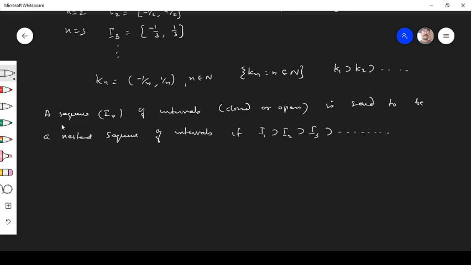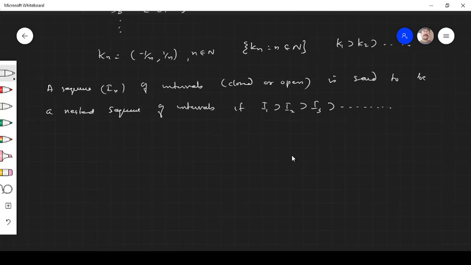So this is a nested sequence of intervals. We can see many examples of nested sequences of intervals. Now let us study a unique property of this nested sequence of intervals.